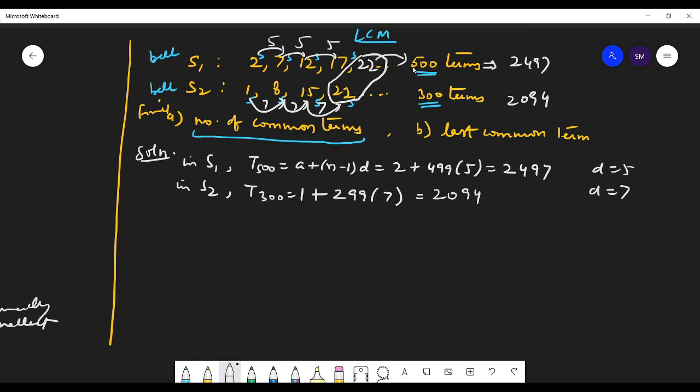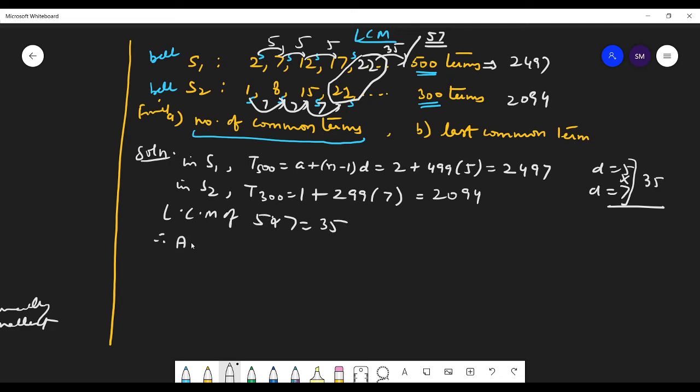See, 5 into 7 is 35. So you have to add 22 plus 35, so it's 57. The LCM of 5 and 7 is equal to 35.